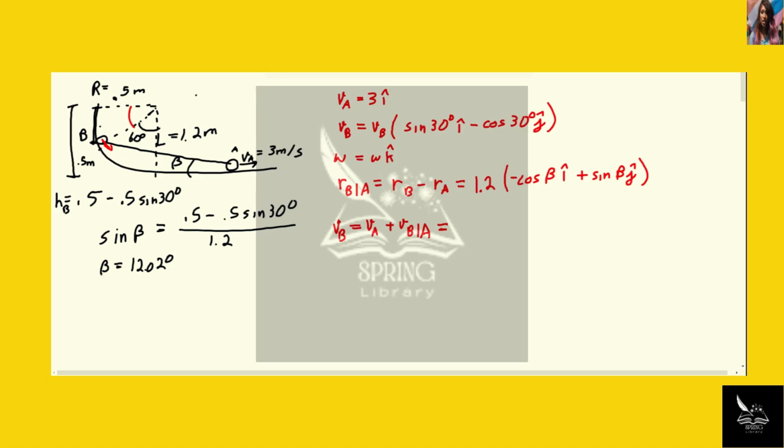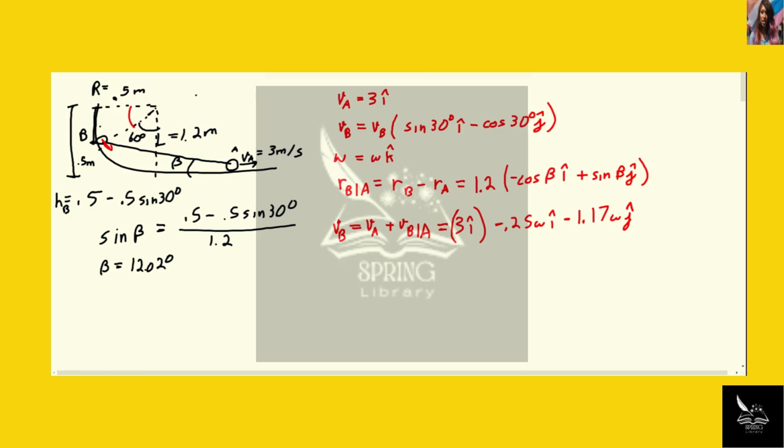So the right side will have in the i-hat portion a 3 i-hat from VA, and from VB about A, which we get from the omega cross R, we get a minus 0.25 omega i-hat and a minus 1.17 omega j-hat.